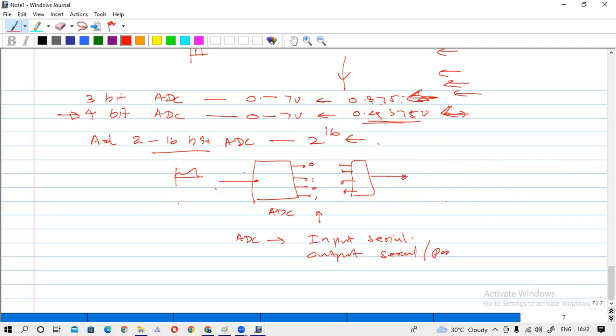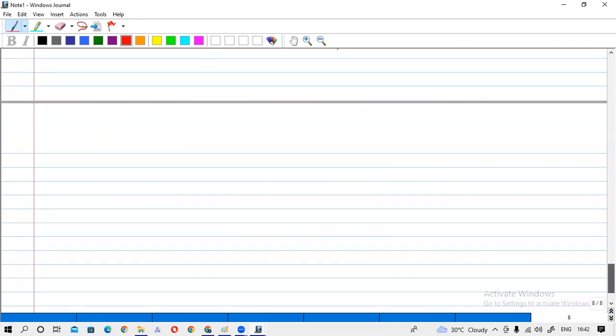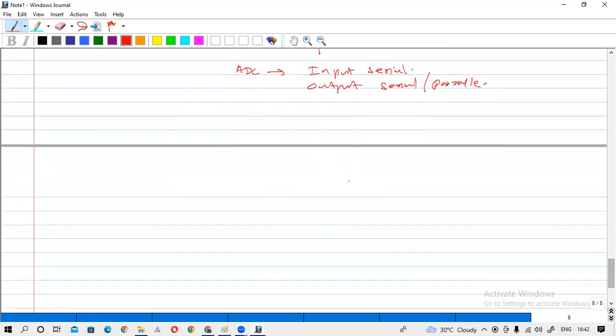Also, if you consider a DAC, what is happening there? You will get some kind of signal where these are 0 and these may be 1. You have to give 0, 1, 0, 1, some bit stream encoded signal, and then the output will be a voltage.